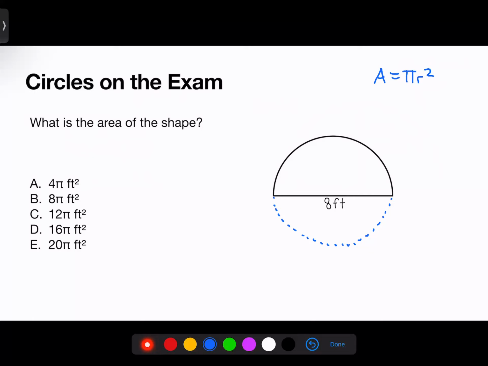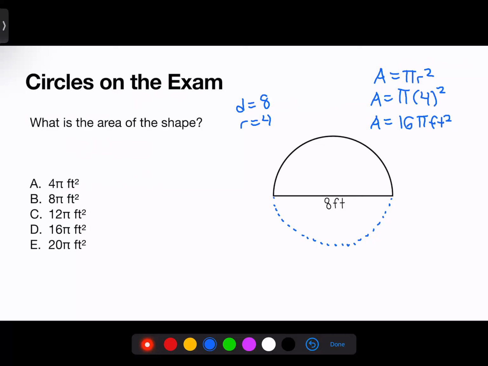We have the diameter 8, which makes the radius 4. Area equals pi 4 squared. 4 times 4 is 16. Area equals 16 pi feet squared.